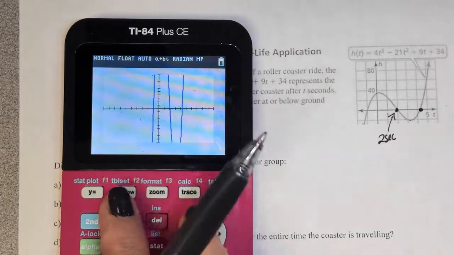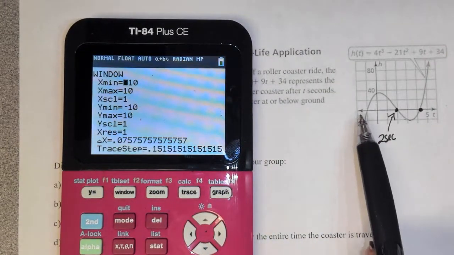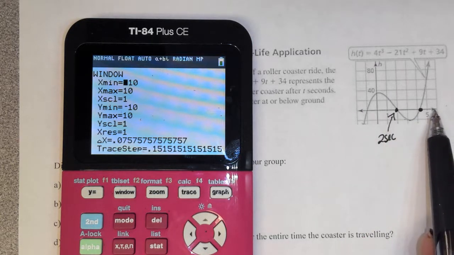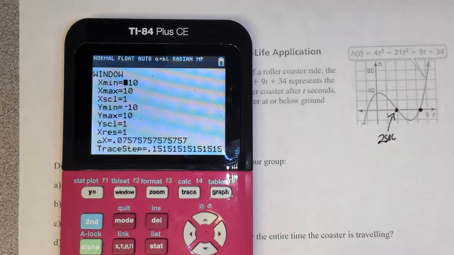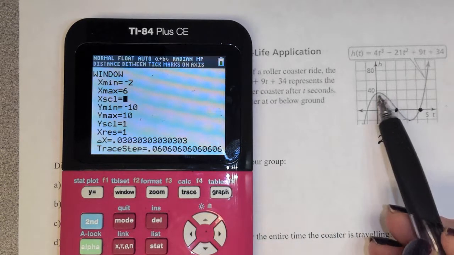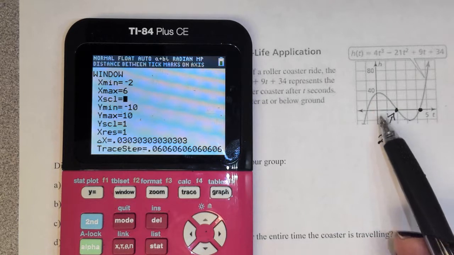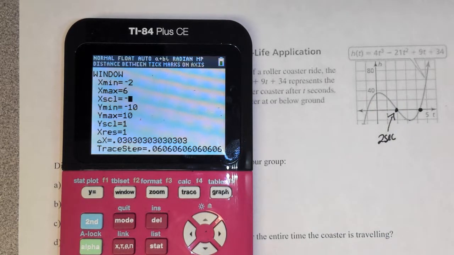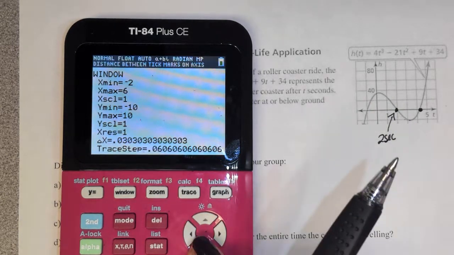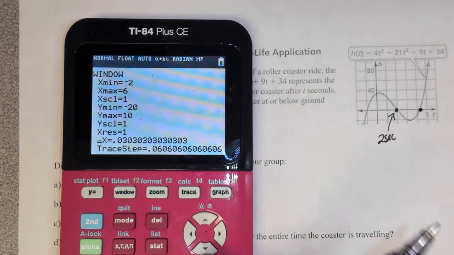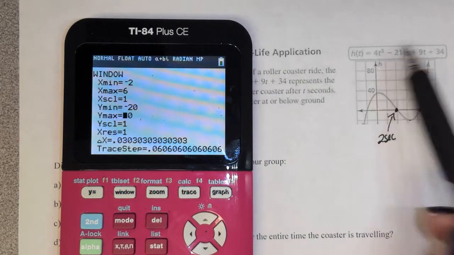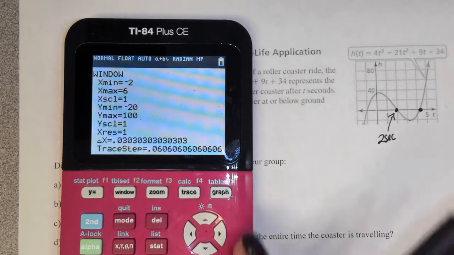So I'm going to go to my window. Their x's or their t's are going from -2 to 6, it looks like. Their y's are going by 20s. So they're going from -20 up to, looks like, 100.